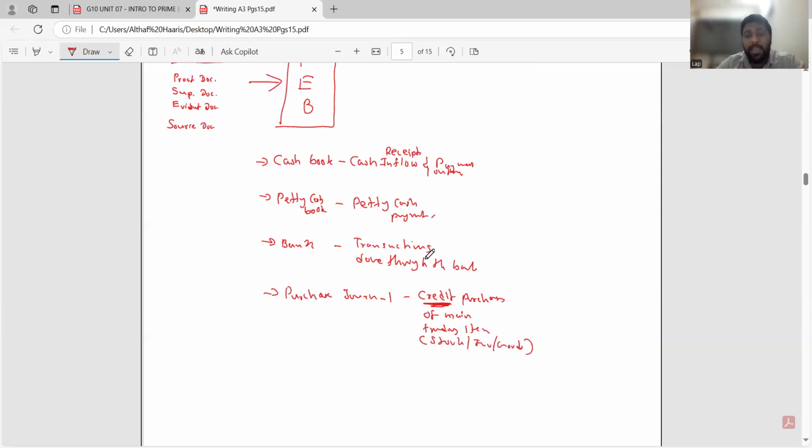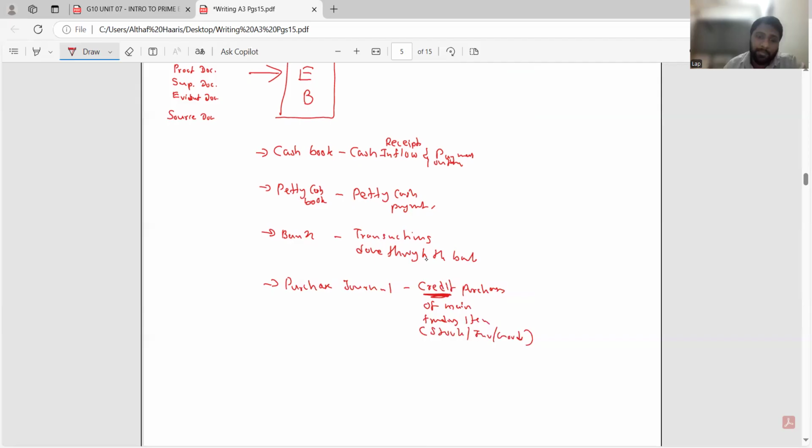Credit purchase of the main item. Then we move to the sales journal. In the sales journal, we recorded the credit sales, not cash sales, the main credit sales. Then finally, we learned the general journal.